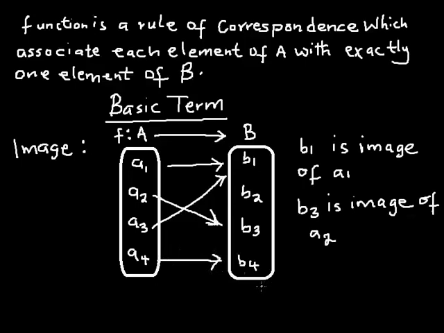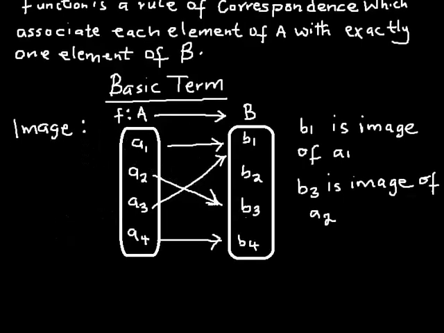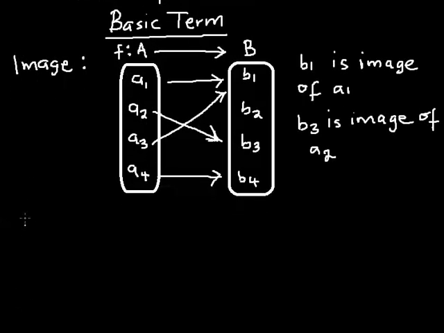After all this mapping, you discover that there is some element in B which is not an image of any element in A. That will lead us to some other definitions, but we're going to take it one after the other. So we just use this to illustrate the image of a function.